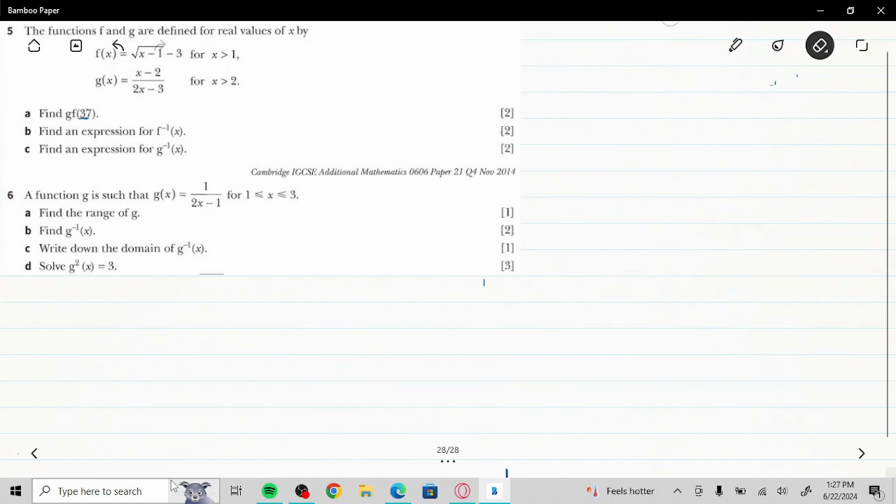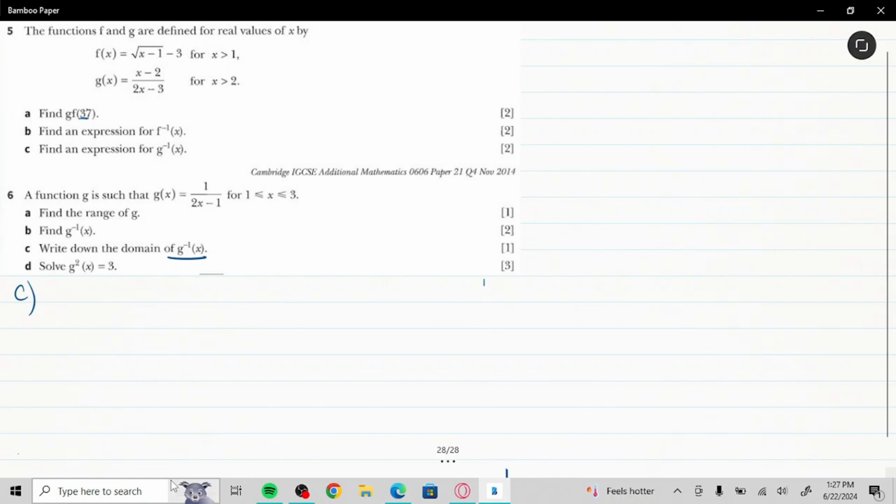Okay, so we have been told to find the domain for the inverse of the function g, and I've told you in my previous lectures that whatever the domain of a function is, it is the range of the inverse of that function, and whatever the range of a function is, it is the domain of the inverse of that function.